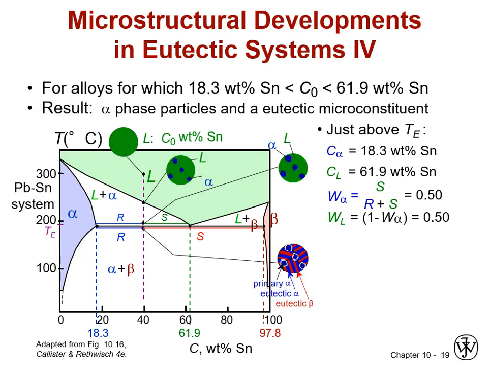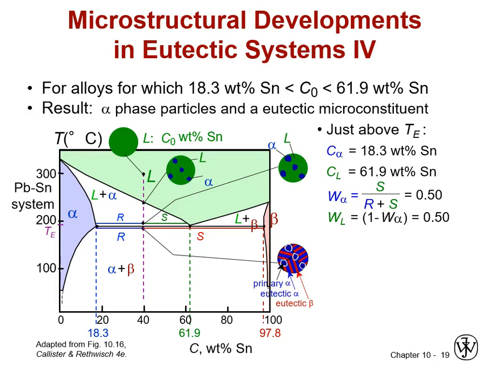It turned into eutectic alpha and beta in the lamella structure and formed its own grains. So we now have two sources of alpha. Alpha that formed before we went through the eutectic transformation, which is called primary alpha. And then we have alpha that formed as a result of the eutectic transformation, and that's called eutectic alpha.